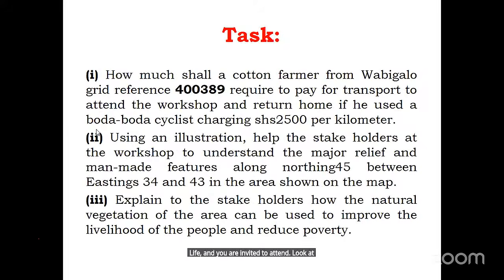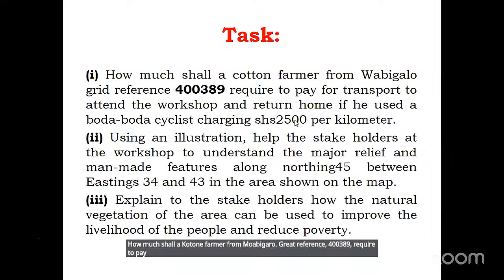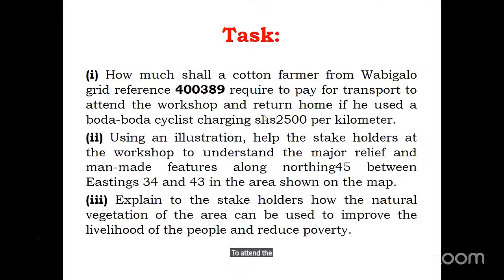Look at the task now. How much shall a cotton farmer from Wabigalo, grid reference 400389, require to pay for transport to attend the workshop and return home if he used a boda cyclist, charging shillings 2,500 per kilometer?